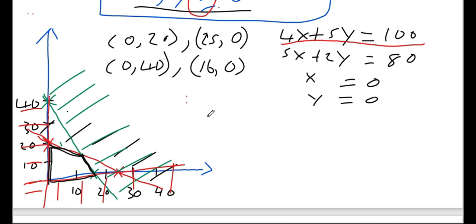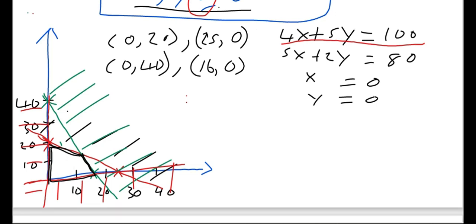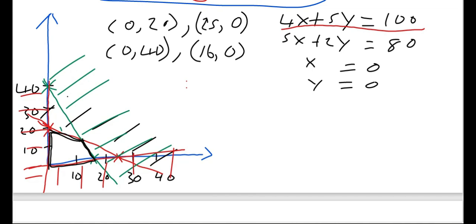So I said any point inside this white space can be used in our objective function, but you want the point that maximizes. So what do you do? You get the vertices. So remember, our white space looks something like this.